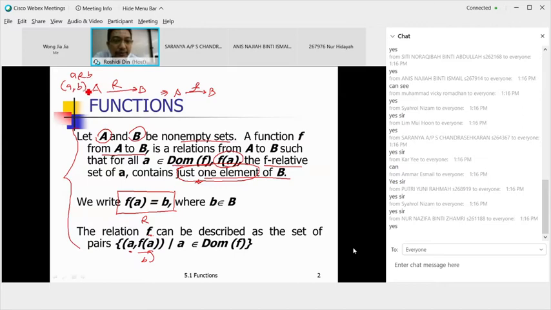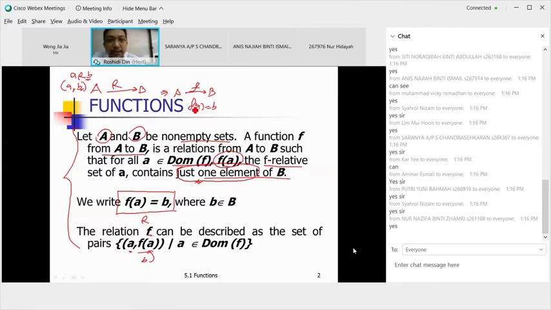Now once we focus specifically on function, this symbol changes. This symbol will be first a, then f(a) actually maps to b.